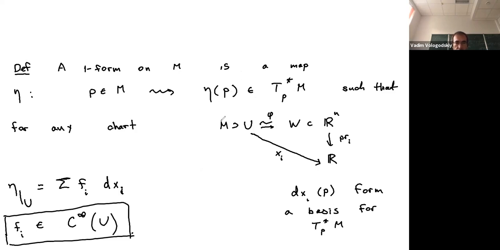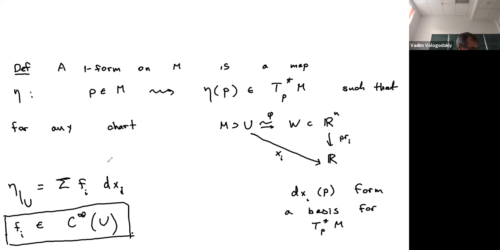A differential form is a map like this, satisfying a certain property. This property is formulated in terms of local coordinates, but the map itself is defined using the notion of tangent space. So this is the definition.